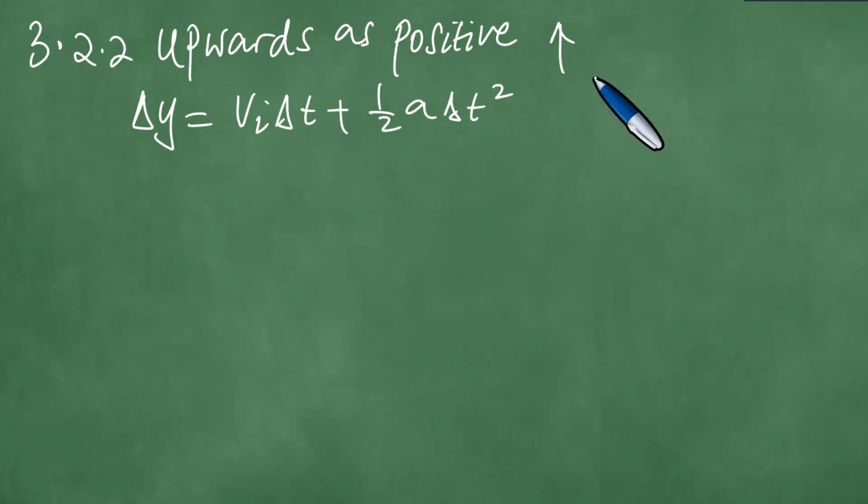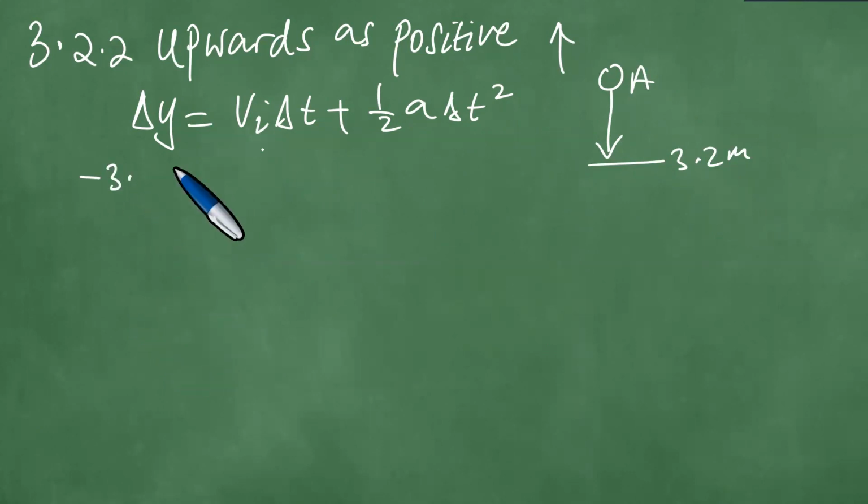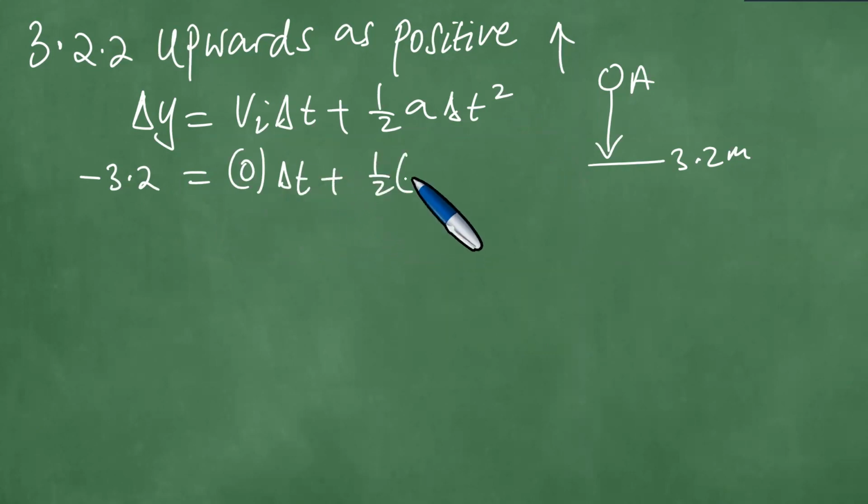So we're looking for the amount of time that ball A took to cover the 3.2 meters. Because it's straight down and we're choosing upwards as positive, down is negative. So it's going to be minus 3.2. Then because it was dropped, initial velocity is 0. The change in time is there. 1/2.